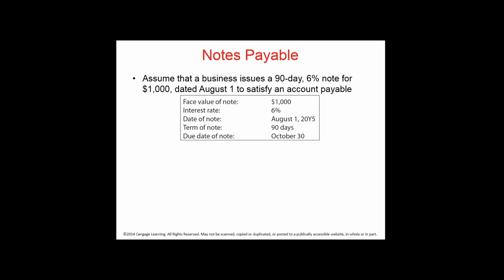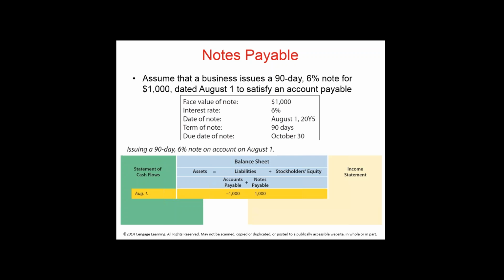So we're going to satisfy that payable and move it to a notes payable. This is often called reclassing an item. So the entry for that is really very simple. We're merely reducing our accounts payable and increasing our notes payable. The term of the note, the interest, none of that has anything to do with the initial entry.